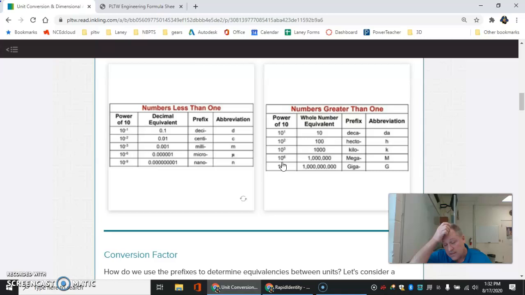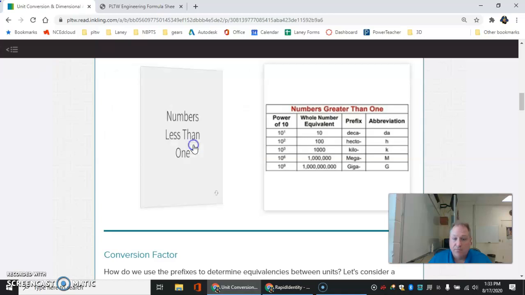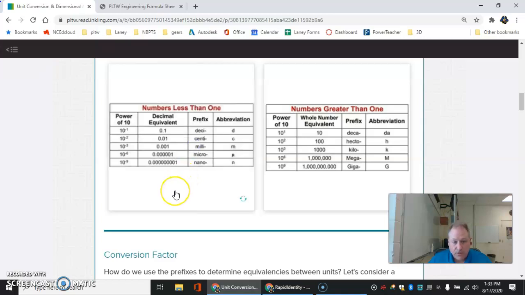So when we have something that's a lot bigger than a meter, we can add the prefixes deca, hecto, kilo, mega, and giga for very large distances. Okay, but for numbers less than one, very tiny numbers, suppose I'm just measuring the length of my pen or the thickness of my cell phone or a credit card or something like that, I might need a very small unit.